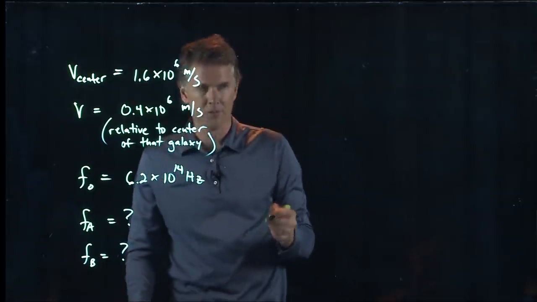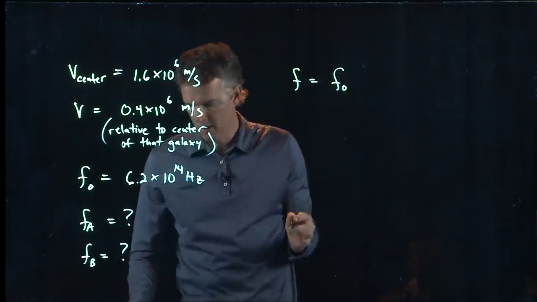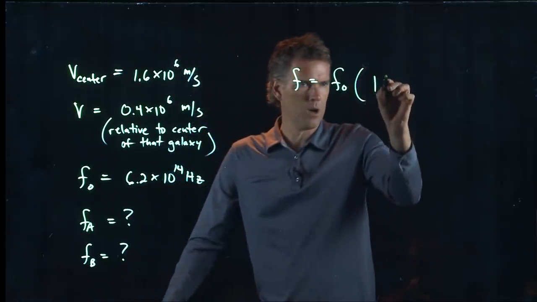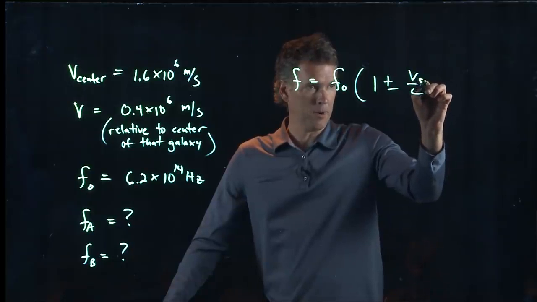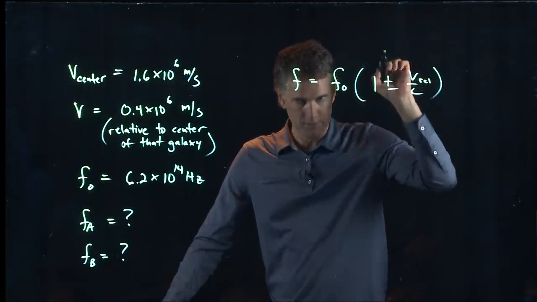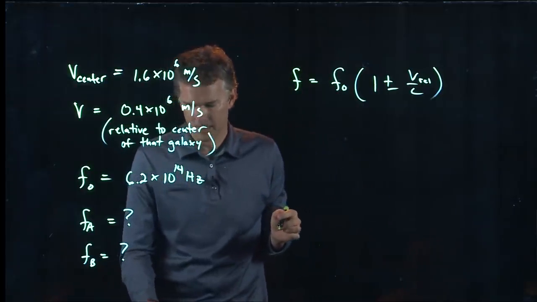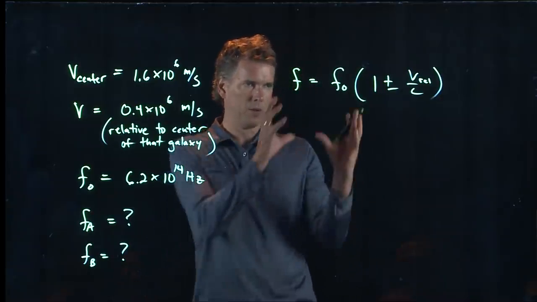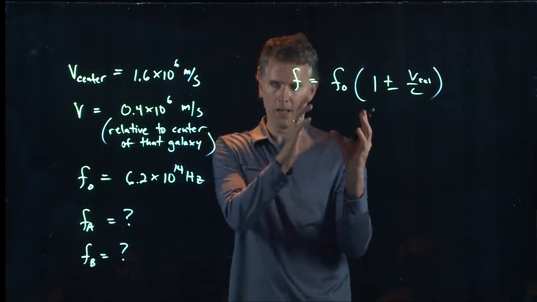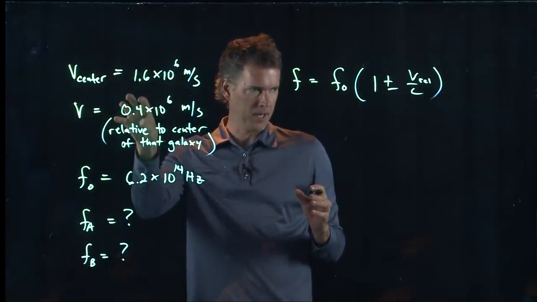So the Doppler shift we said was f equals f0 times 1 plus or minus v over c. But remember, that is relative to us. So we're going to label that v relative. And the whole galaxy is moving away from us, and it's moving away from us faster than it's spinning.